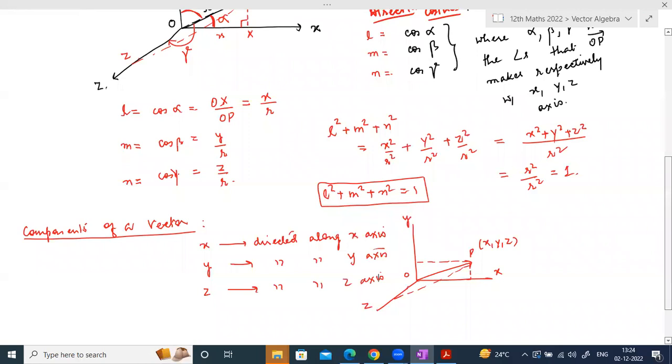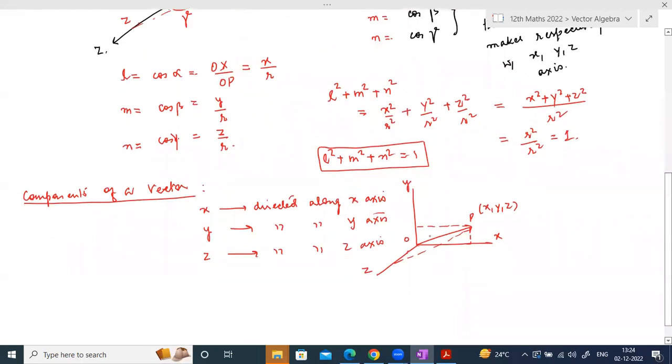If we add all three, we will get this OP vector or the r vector. So in other words, we can write r vector as the sum of x, y, and z.